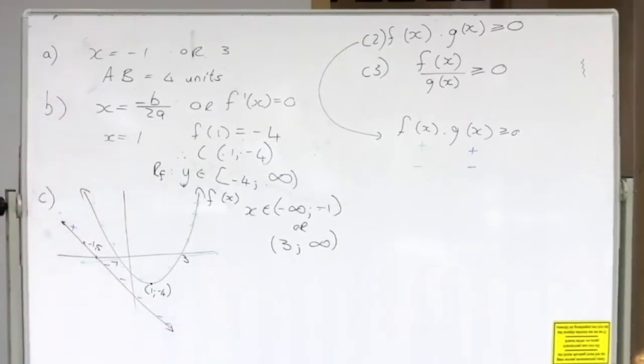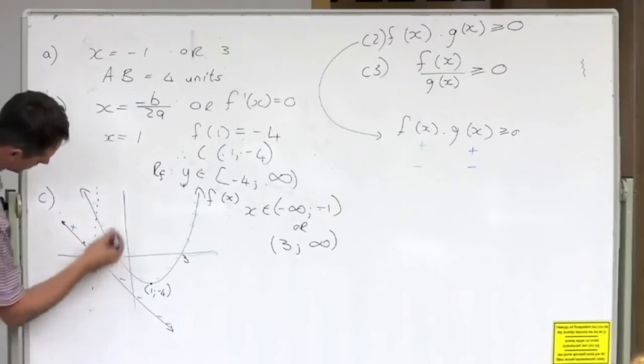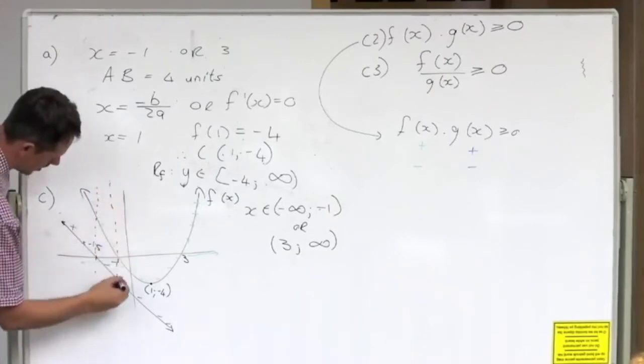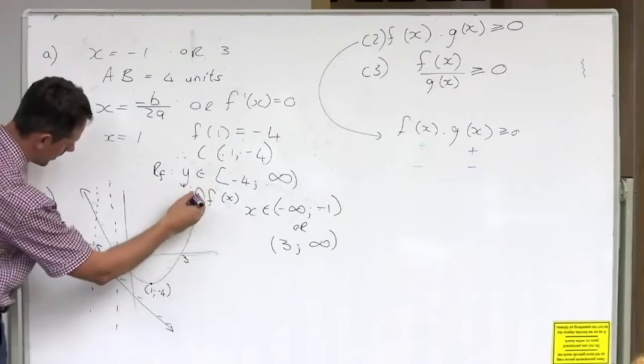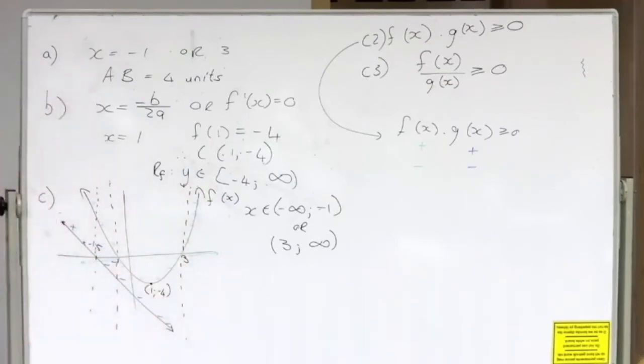Now all I'm going to do is break this up into the important sections. There, there, there. Okay? If I look at this section here, do I have a positive and a positive? A positive y and a positive y? Yes, so this section works for me.